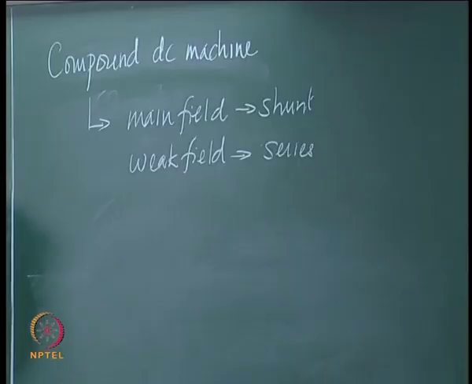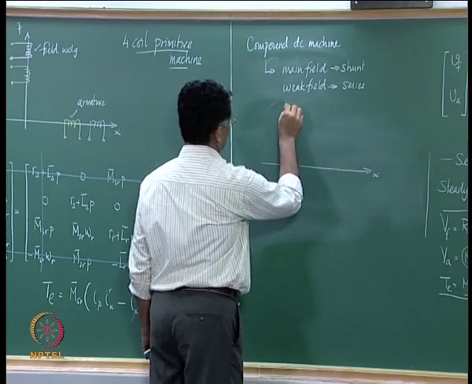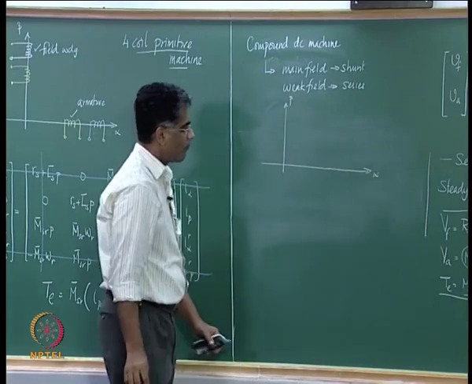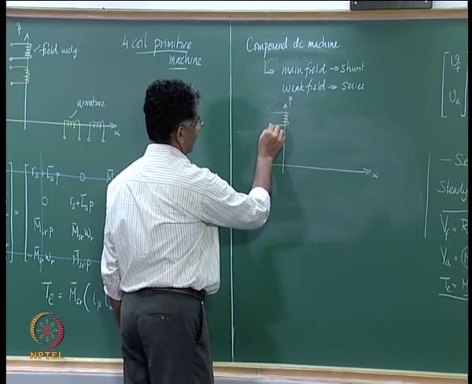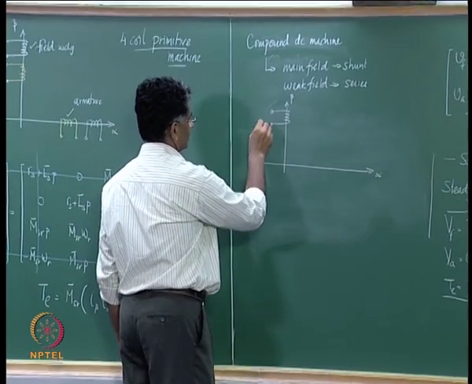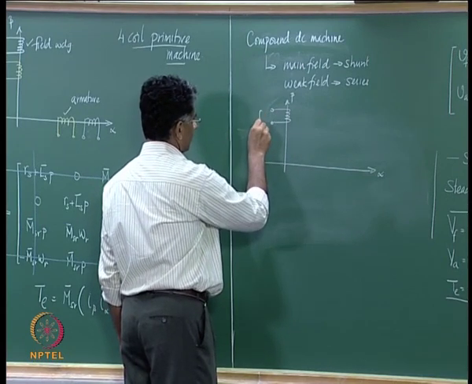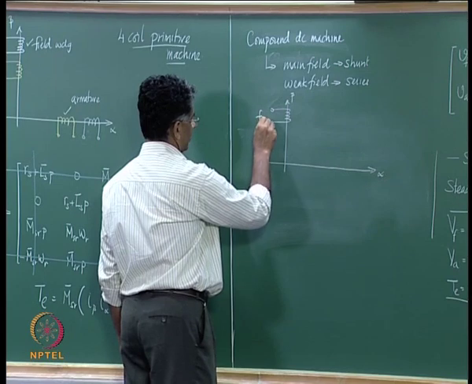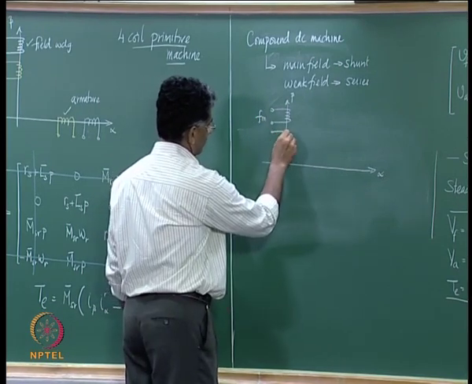So it is an arrangement like, you have the alpha axis and the beta axis. You have a main field winding, let us call this F main, and then you have another field winding.